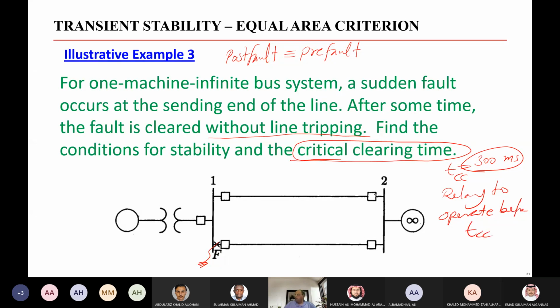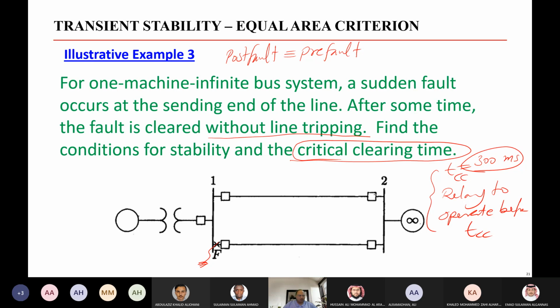Yes. Okay, Emad, do you have another answer? Okay, yes, you are right. For relay setting, we need to calculate the critical clearing time. If the fault is sustained for a longer period than the critical clearing time, the system will be unstable.